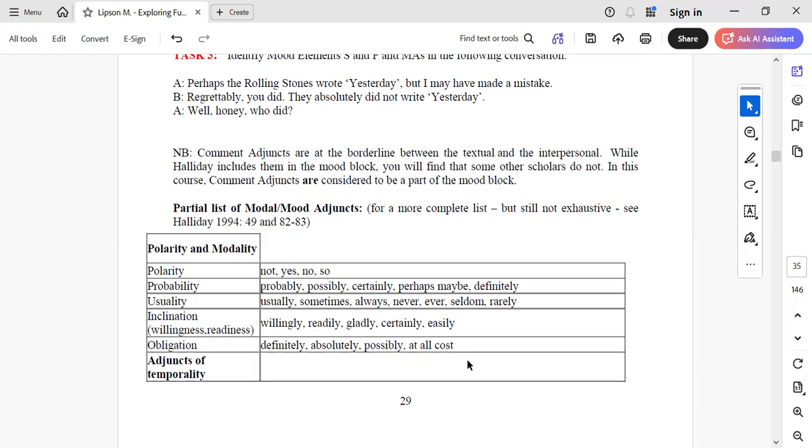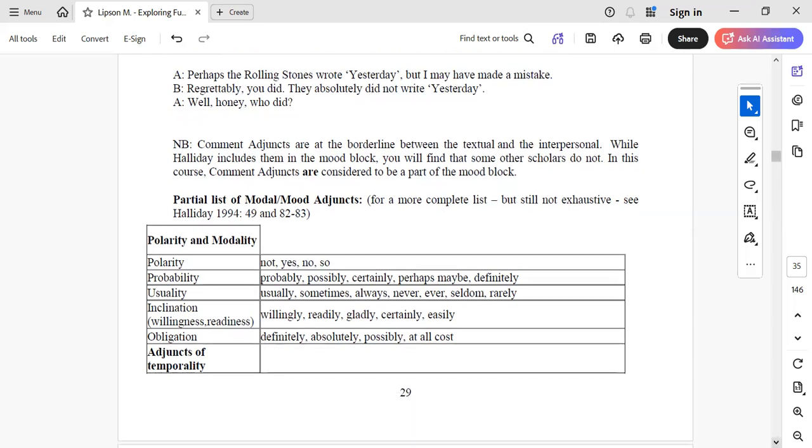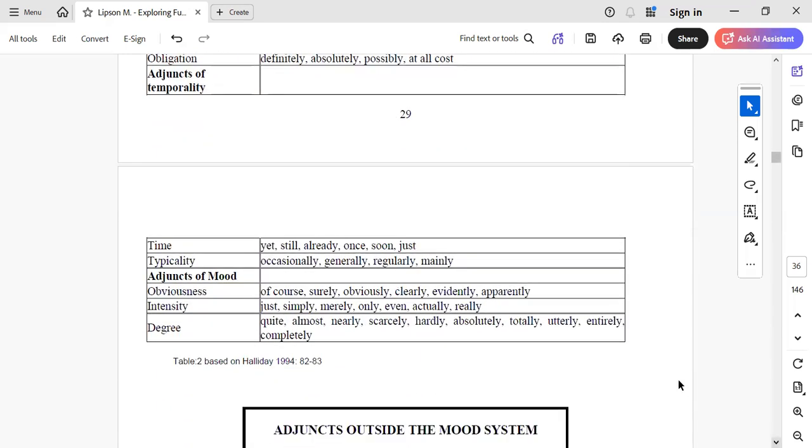Adjunct of temporality, time: still, yet, already, once, soon, just. Typicality: occasionally, generally, regularly, mainly. Adjunct of mood. Obviousness: of course, surely, obviously, clearly, evidently, apparently. Intensity: just, simply, merely, only, even, actually, really. And degree: quite, almost, nearly, scarcely.